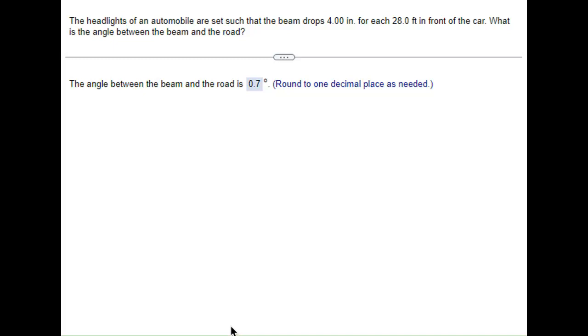So we'll say, suppose this is the front of our little car here, and we've got a headlight somewhere around here. And here's part of our little wheel going on. That's the road, coming straight out.